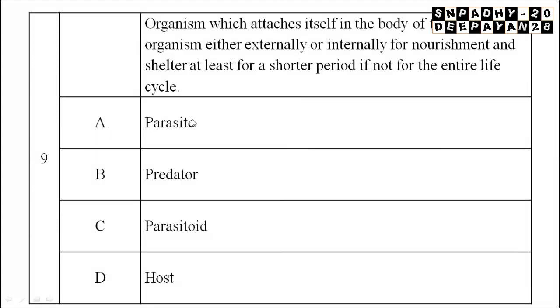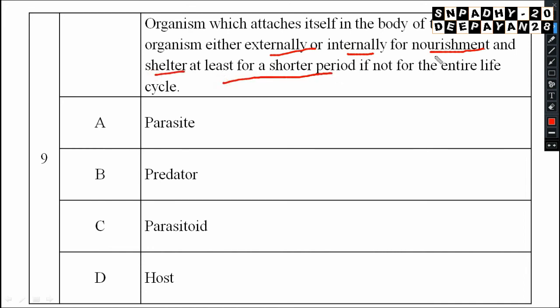Now coming to the next question, the organism which attaches itself to the body of another organism, either externally or internally, to get nourishment and shelter, at least for a short period of time, otherwise for the entire life cycle. That is known as what?